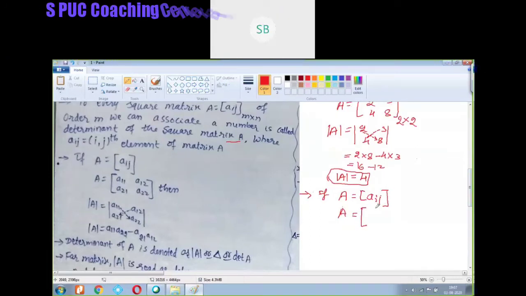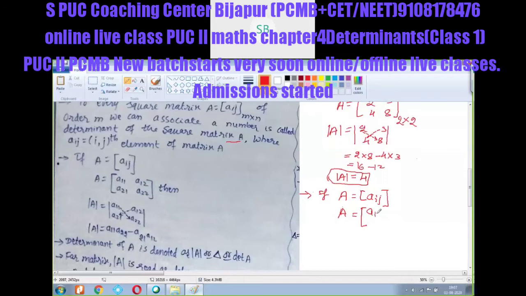Specifically, we can expand this: A11, next A12, next A21, next A22. This is of order 2 by 2.